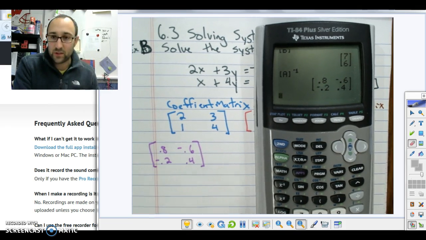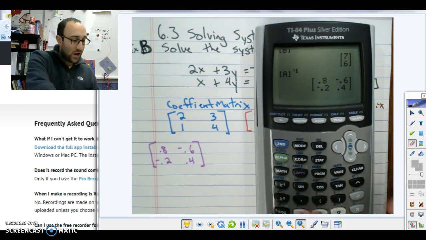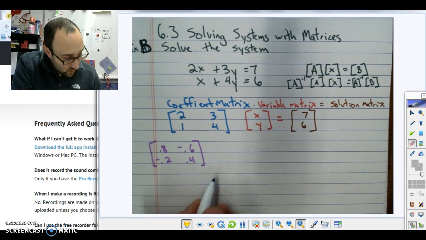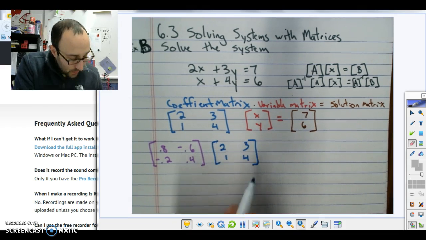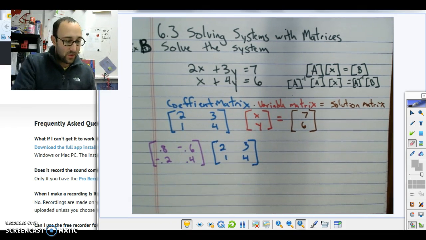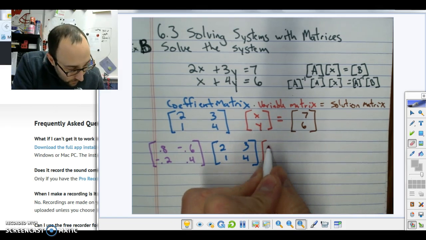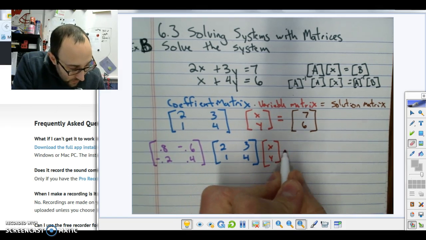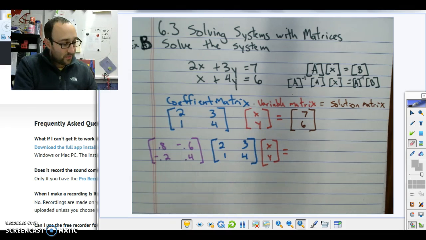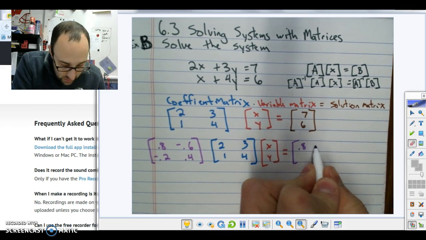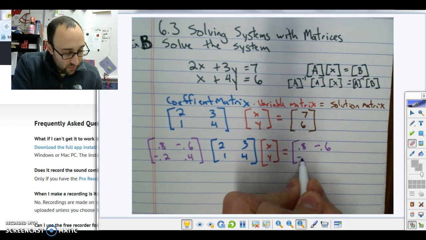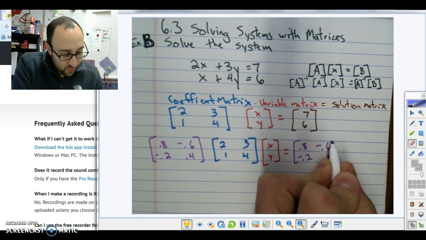Let the calculator do all that work. So it's going to be that times the coefficient matrix, 2, 3, 1, 4, and then the variable matrix, x, y. And that's going to equal, remember, I have to do my inverse matrix first, so 0.8, negative 0.6, negative 0.2, and 0.4.